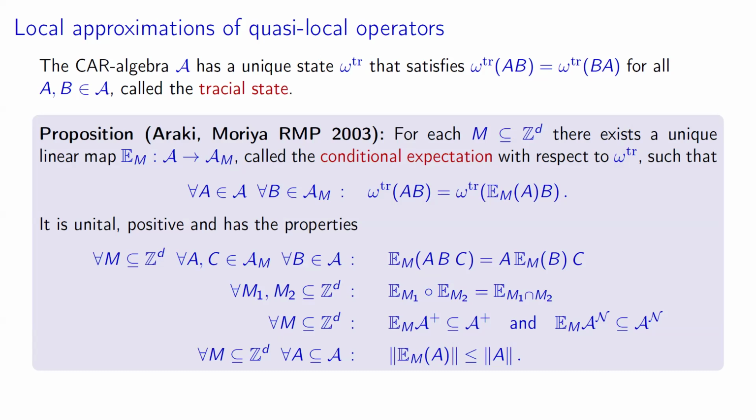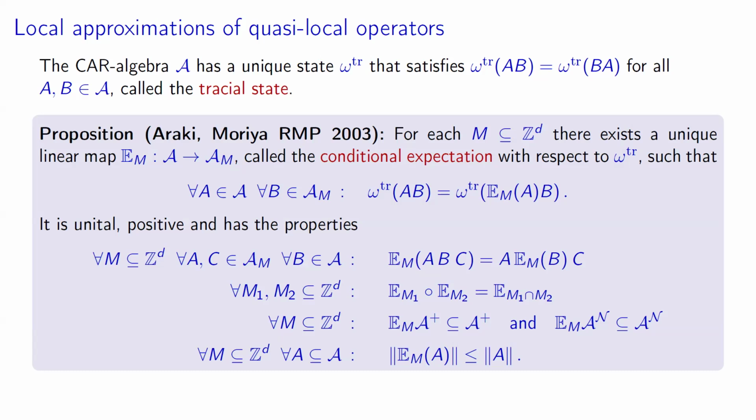In particular, it's a projection. I mean, it's even a more general property here. If you have A and C in A_M, so any operator that is already supported in M, you can take it out of E_M, either to the left or to the right, or both. Okay?